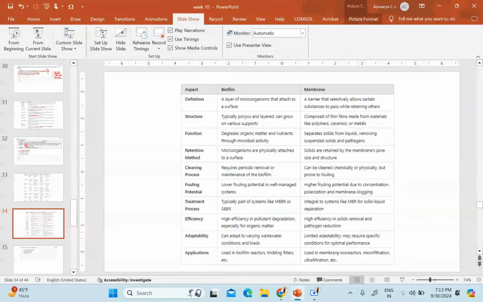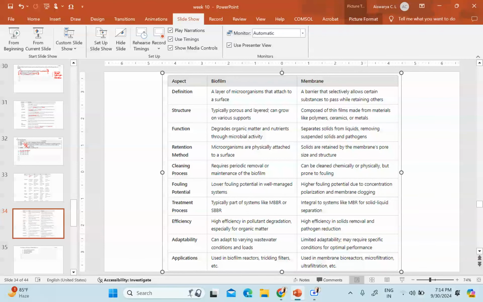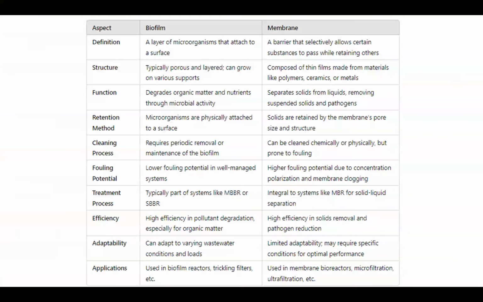Then the difference between a biofilm and a membrane is also given, which you can refer to. In the biofilm, a layer of microorganisms that attach to a surface is called the biofilm. A membrane is a barrier that selectively allows certain substances to pass while retaining others.